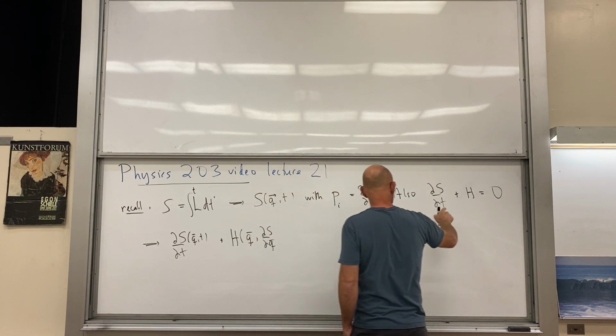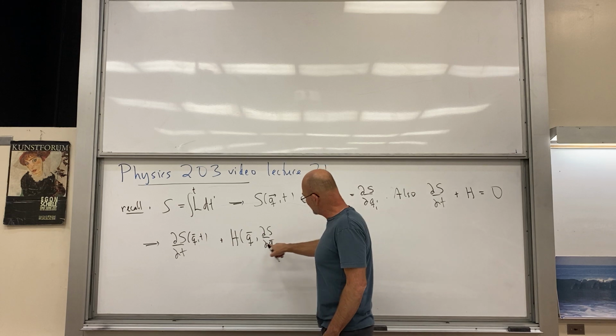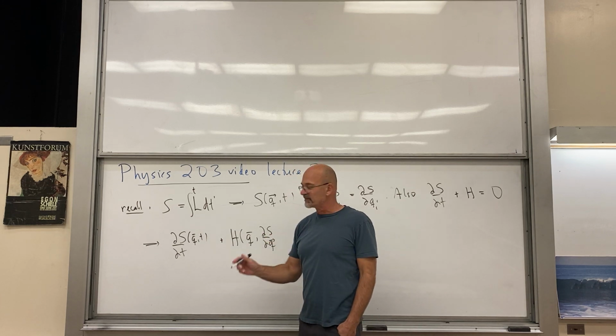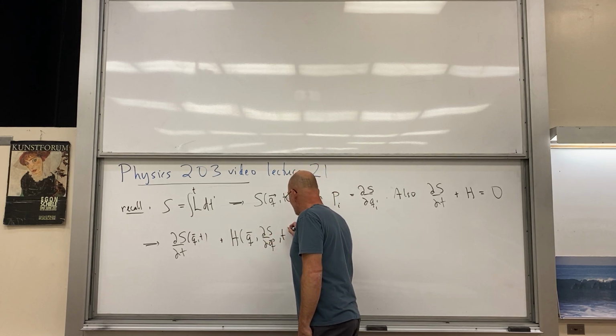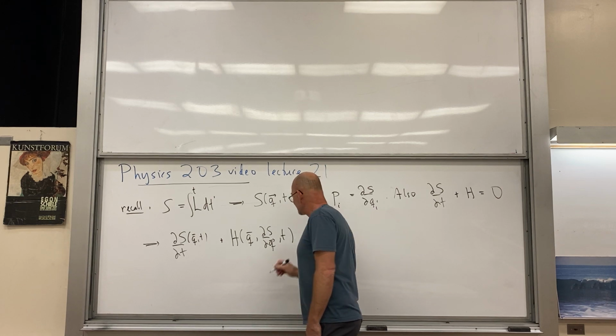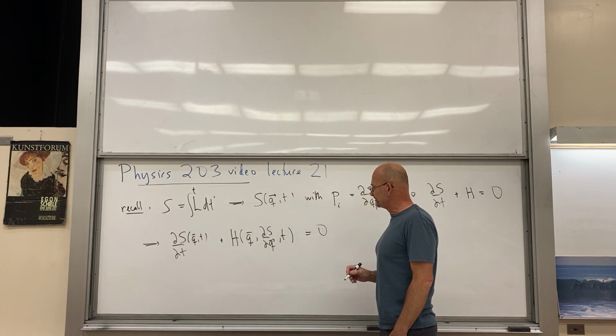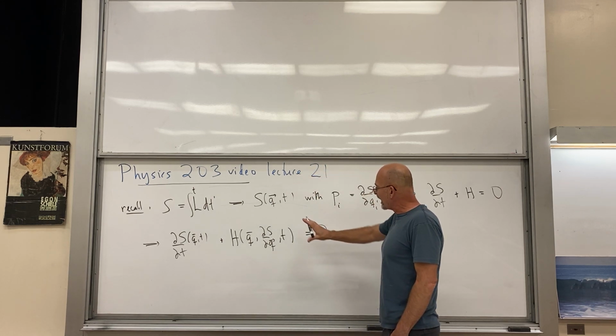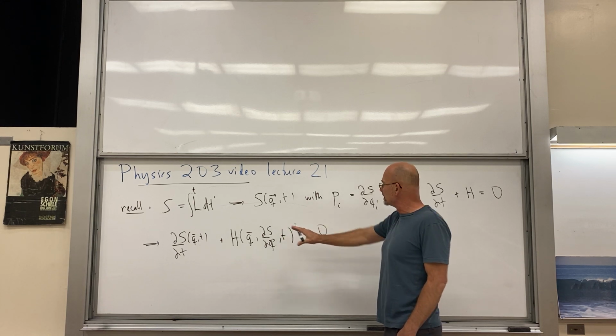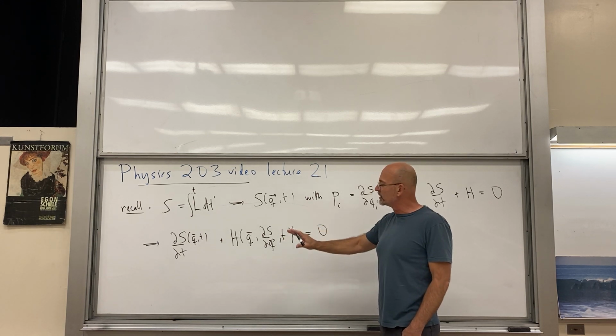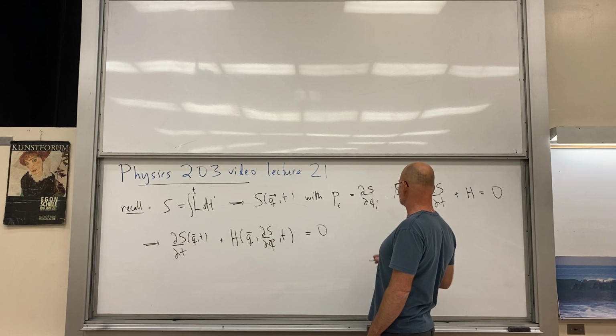I'm writing it as the full set of them just by writing it as a vector, and time, is equal to 0. So that was a partial differential equation, and we didn't know what to do with it, but then we figured out what to do with it.